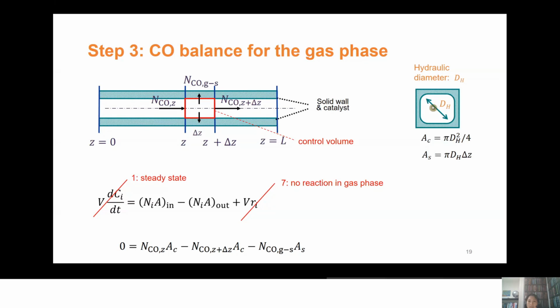You can look up how to calculate hydraulic diameter for different shapes, but here we will just denote it as D_H. You should know this from your previous modules. So now we've defined hydraulic diameter.